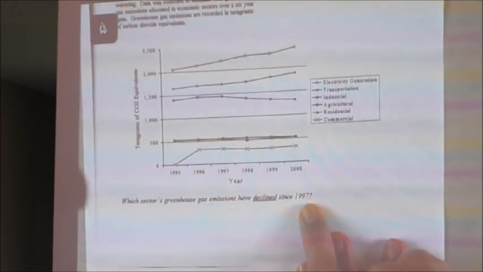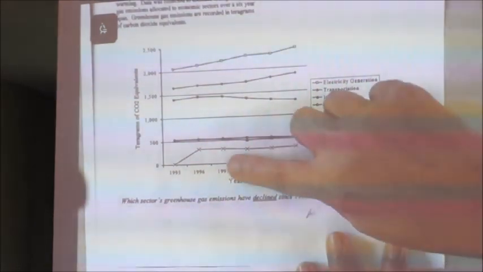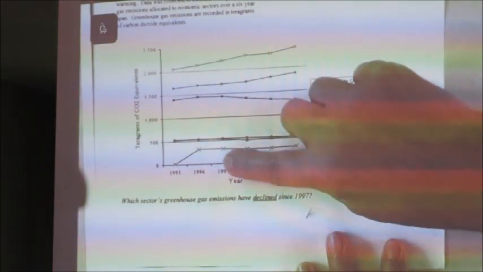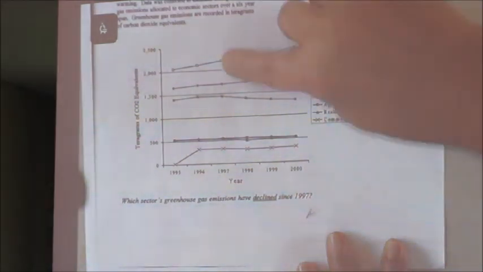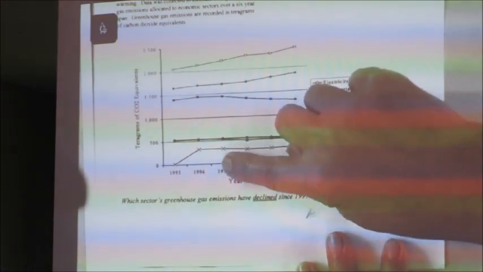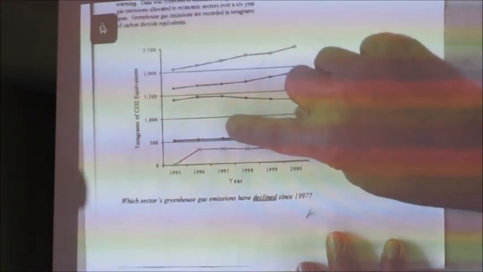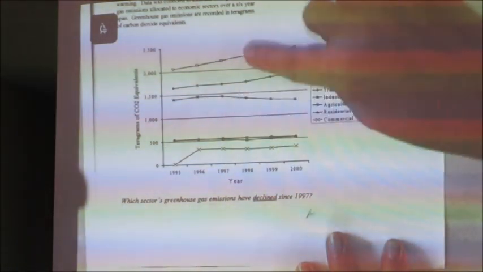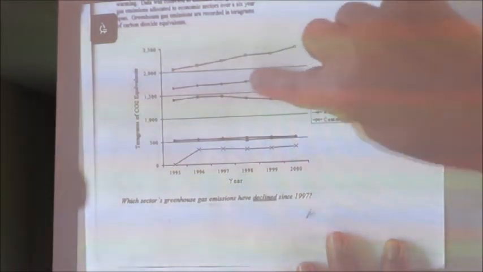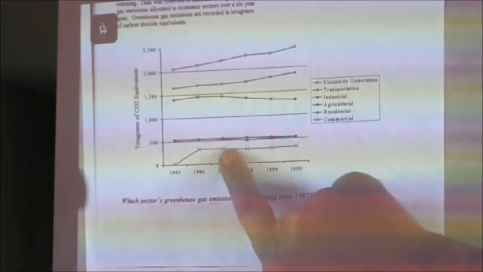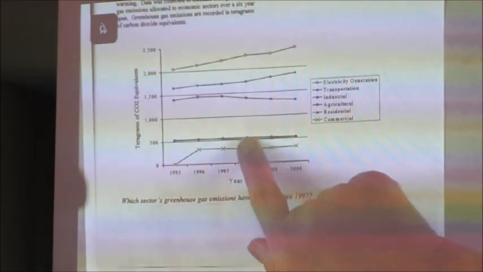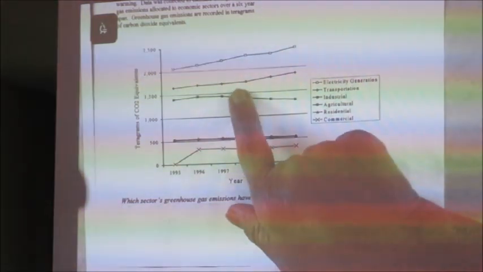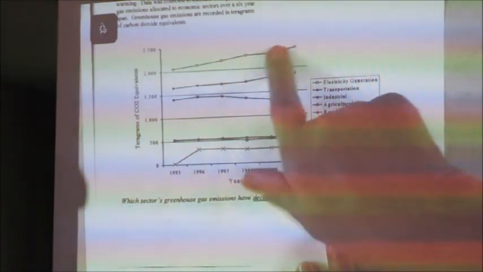So the first thing you do, you're going to locate your 1997 time frame, which is this set of data points. And from 1997 on, past 1997, what is the trend you see on your data point? You see these are almost unchanged, this is slightly increasing, this is slightly increasing.